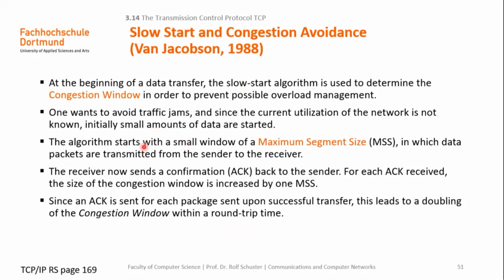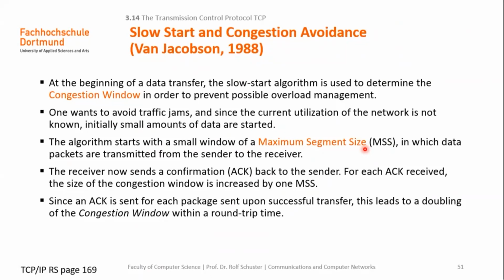The algorithm starts with a small window of only one MSS, that is, one maximum segment size. Data packets are transmitted from the sender to the receiver. The receiver now sends a confirmation, that is, an acknowledgement, back to the sender. For each ACK received, the size of the congestion window is increased by one MSS.